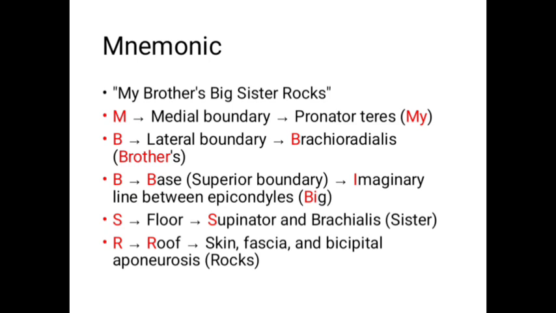The second B, which represents the base or the superior boundary, is formed by an imaginary line between the epicondyles. The X, which represents the supinator and the brachialis, forms the floor, while the R, which represents the roof, is formed by the skin, fascia, and the bicep aponeurosis.